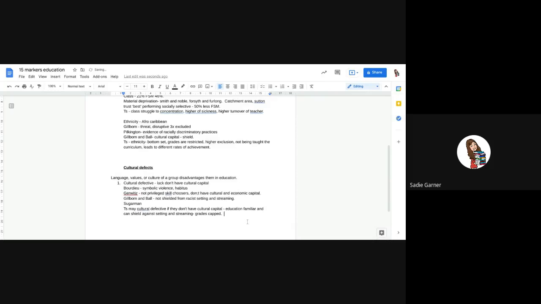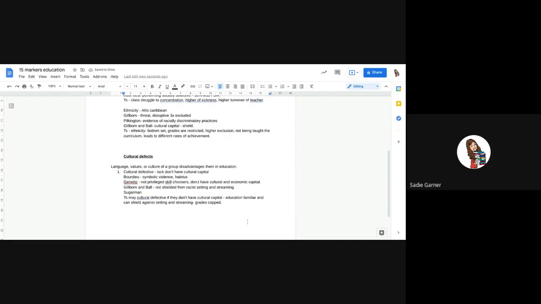If you don't have cultural capital, it means education is not as familiar an environment, and you haven't got a shield against race, against setting and streaming, where your grades will be capped.